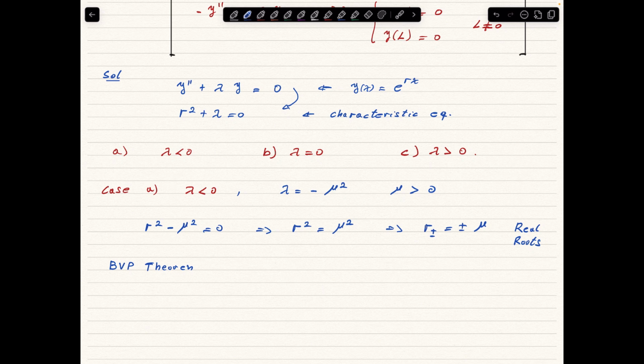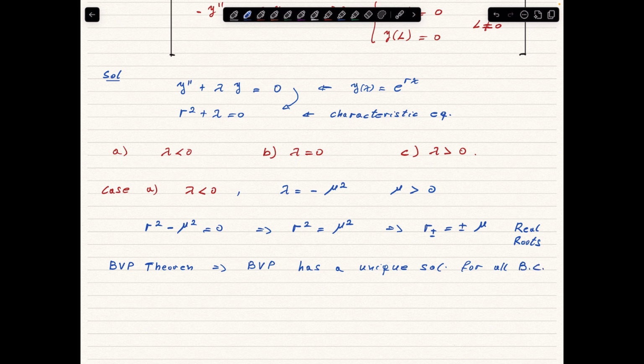The boundary value problem is going to say, because we have real roots of the characteristic polynomial, or just because the constant in the equation is negative, either case is fine, the boundary value problem has a unique solution. Unique solution for all boundary conditions we are interested in.